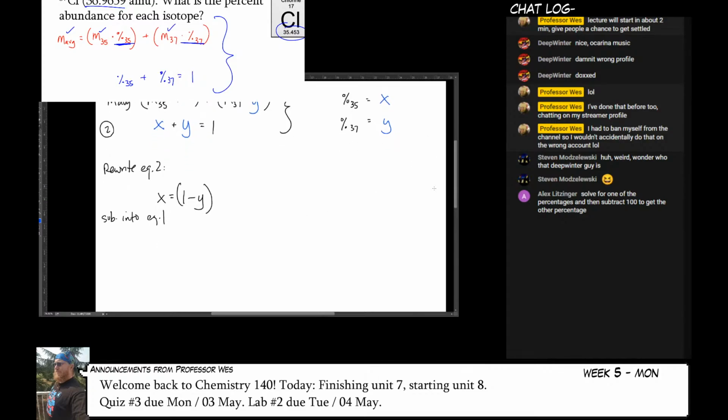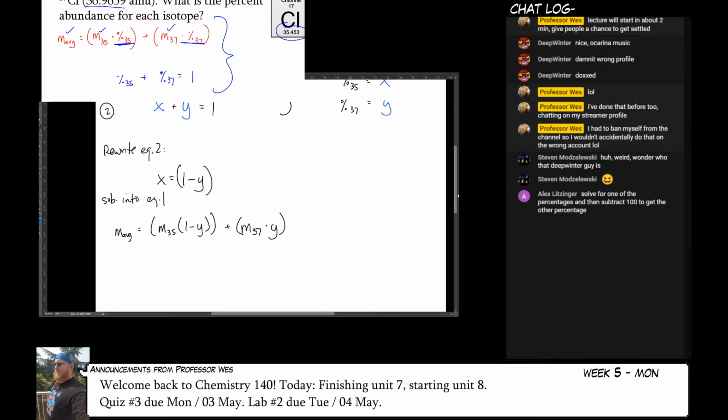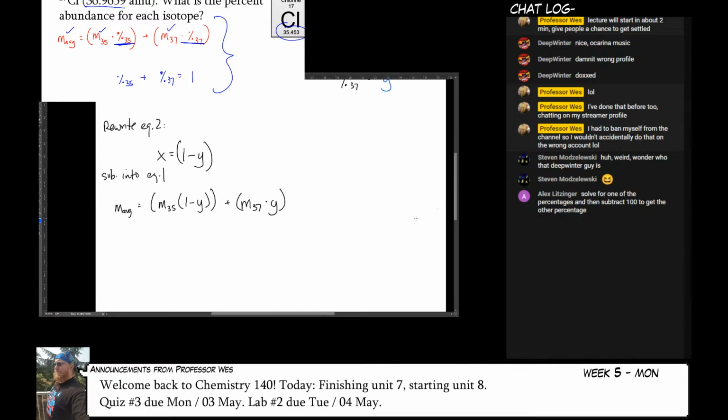And when I do that, that looks like this. Here's what x was. We'll replace it with 1 minus y. y stays the same. Now I have one equation with one unknown. We can now solve for y.